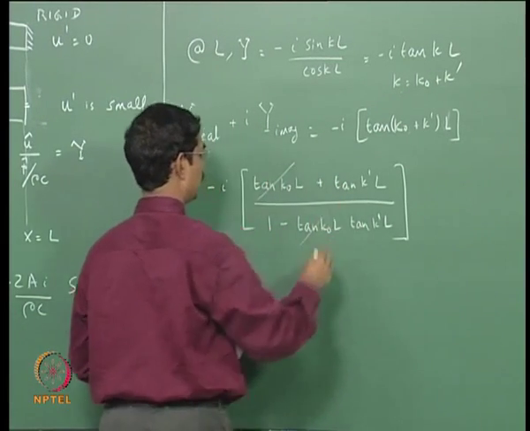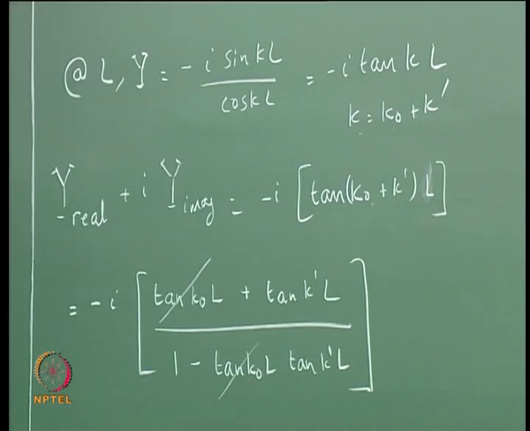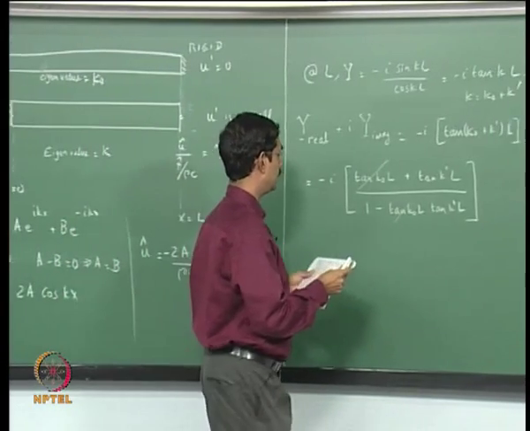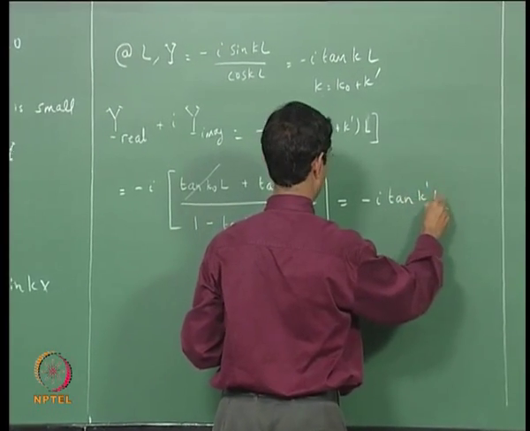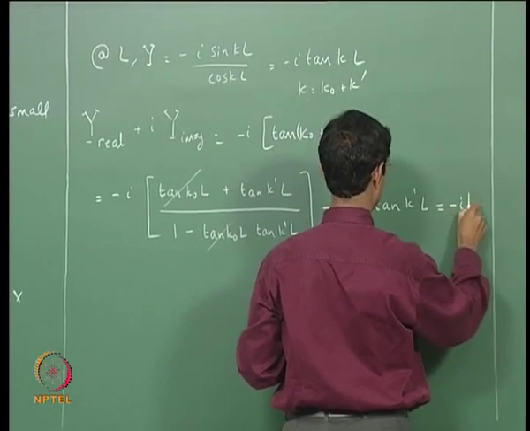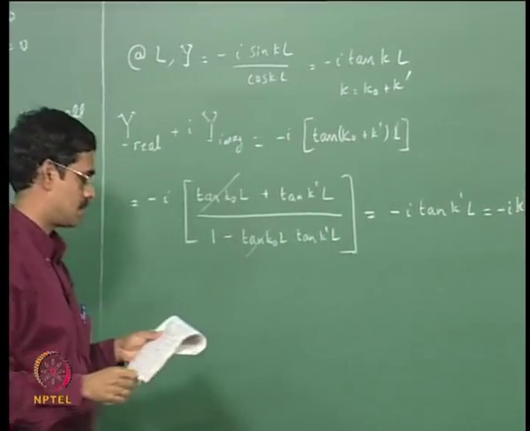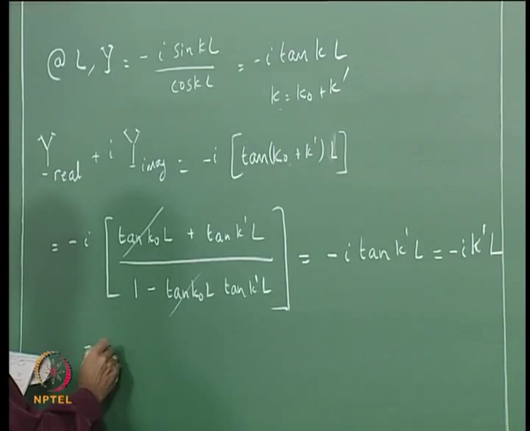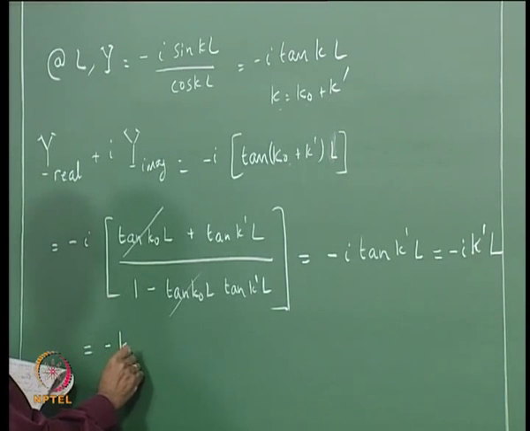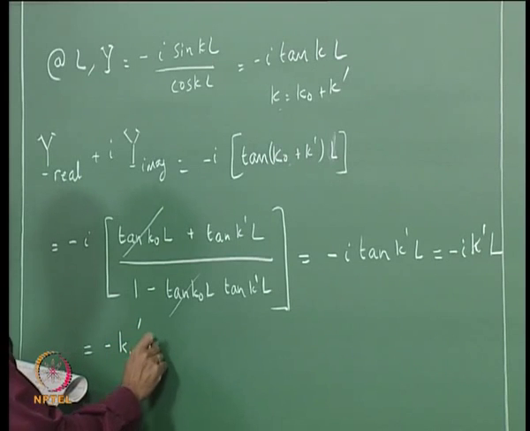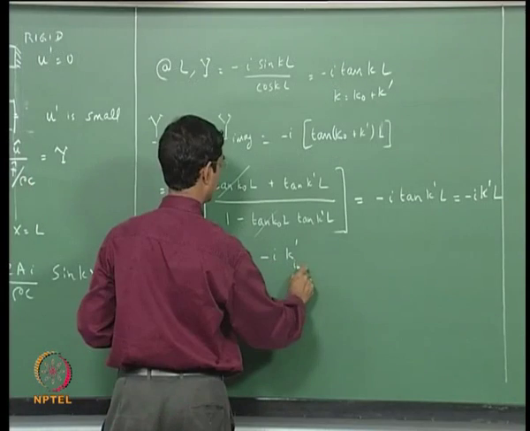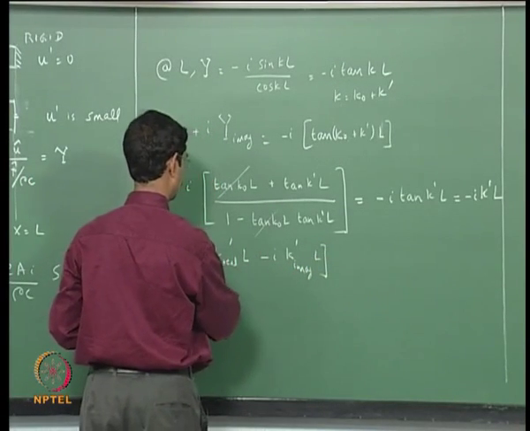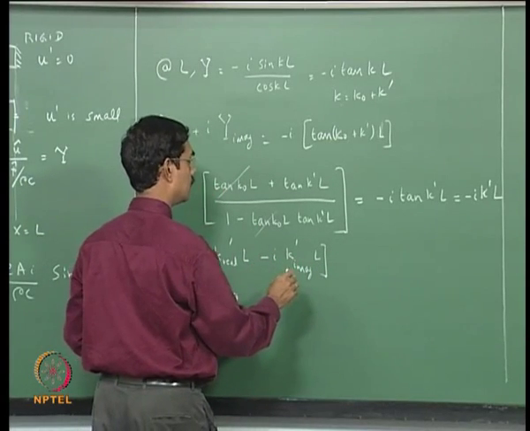So tan k naught L will be 0 because velocity is 0 at this end, and so therefore you can write this as minus i tan k prime L, which I can further simplify as, which if I expand out would be minus k real prime times L minus i k prime imaginary times L times i.